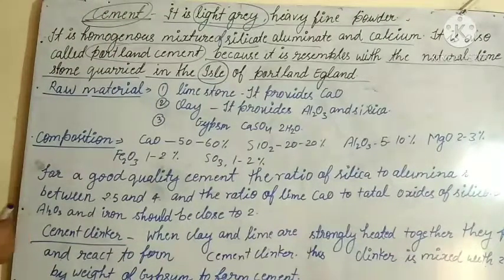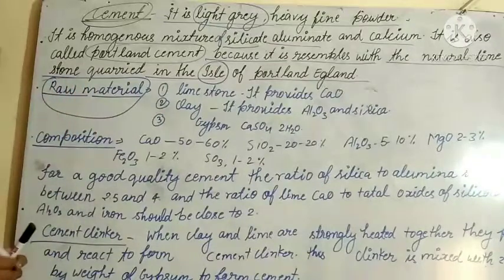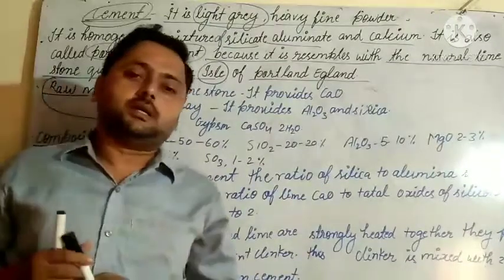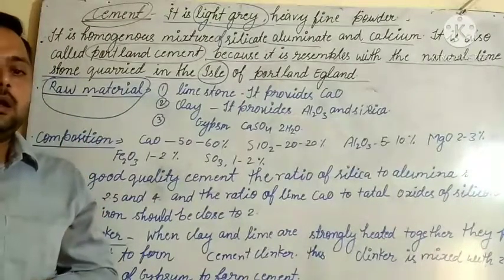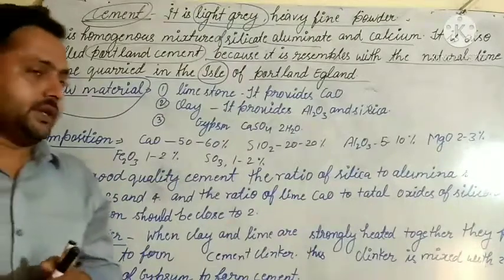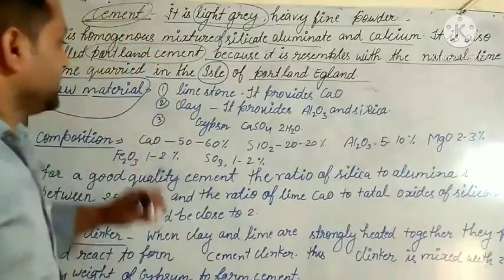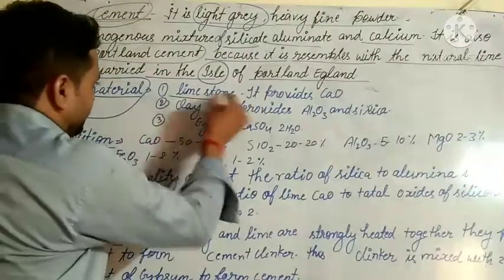Next, what are the raw materials? You know that for making different products we need raw materials, and after processing we make the product. So what are the raw materials? Let us see. First is limestone.